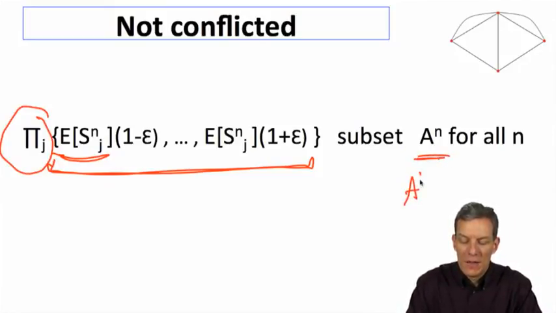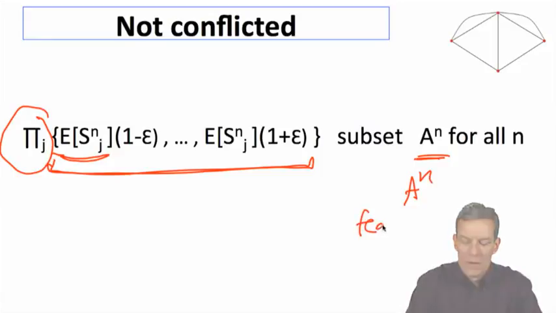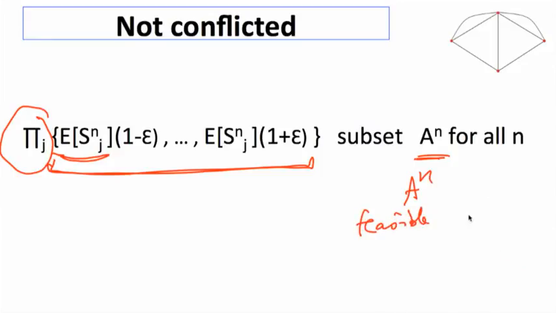So A_n is the set of feasible realizations of the S_n's, and this is feasible for all n.